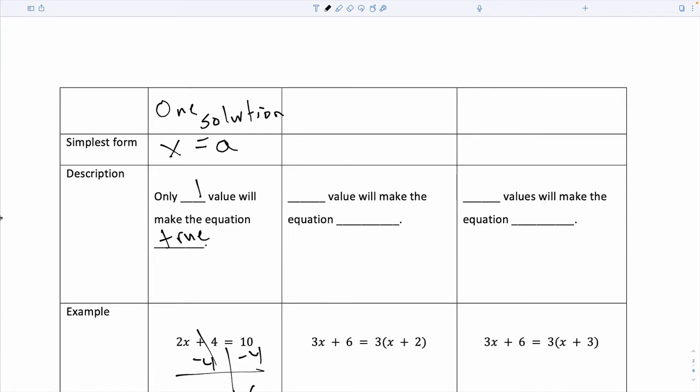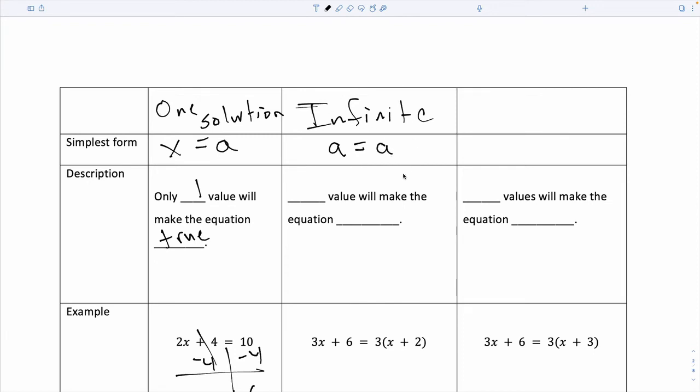There is a second answer that you might run into that smells a little funky. And this one is what? Infinite solutions. Infinite is the middle one. And in this one, you're going to end up with an answer where a equals a.